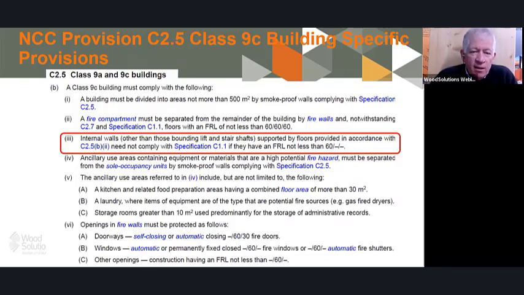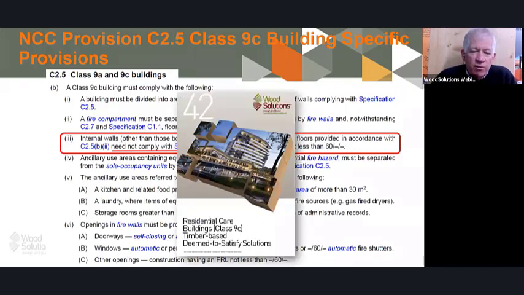Confusing, isn't it? I've looked at this many times, and must admit it always involves me rereading it a few times before you get hold of it. So just to remind you, the WoodSolutions guide does attempt to explain these things. It's not easy, and we recommend that you have a look at it.